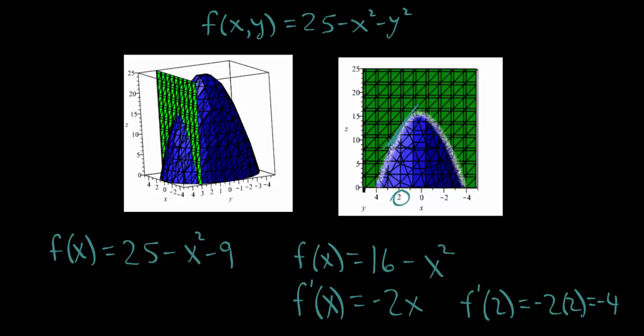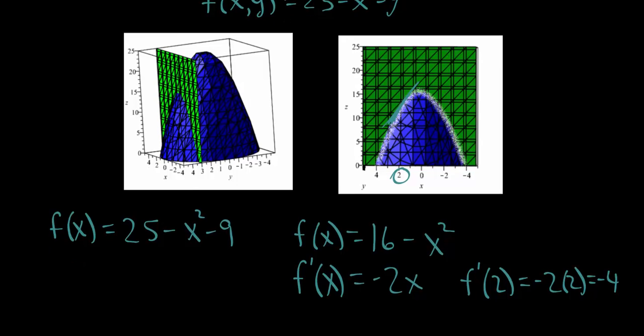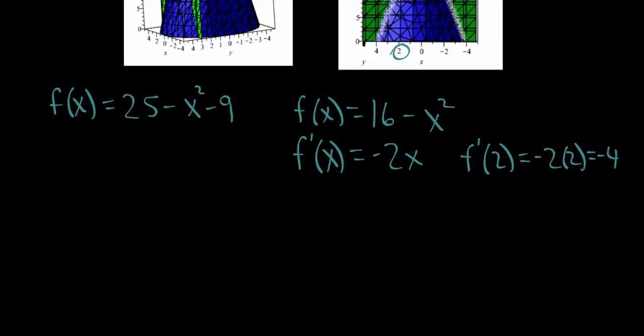Now, what I want to do is show you how we would approach this problem without setting y to any particular value. If we didn't set y to a particular value, then we would have f of xy equals 25 minus x squared minus y squared.